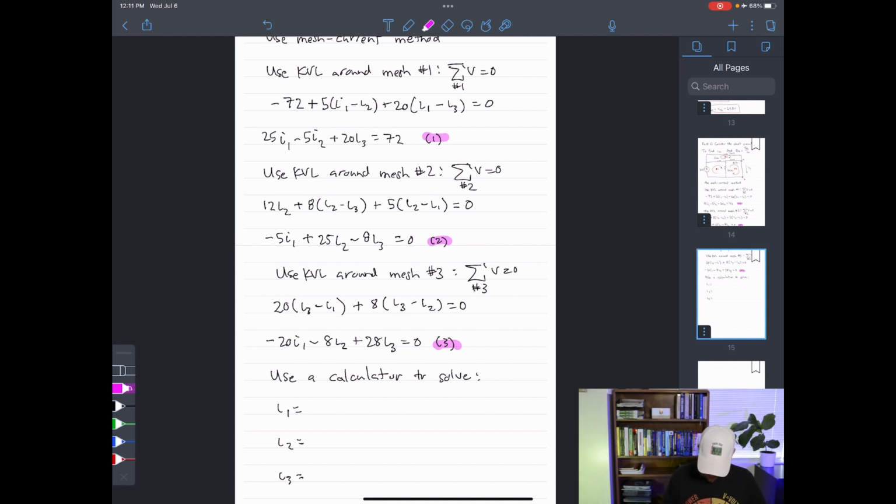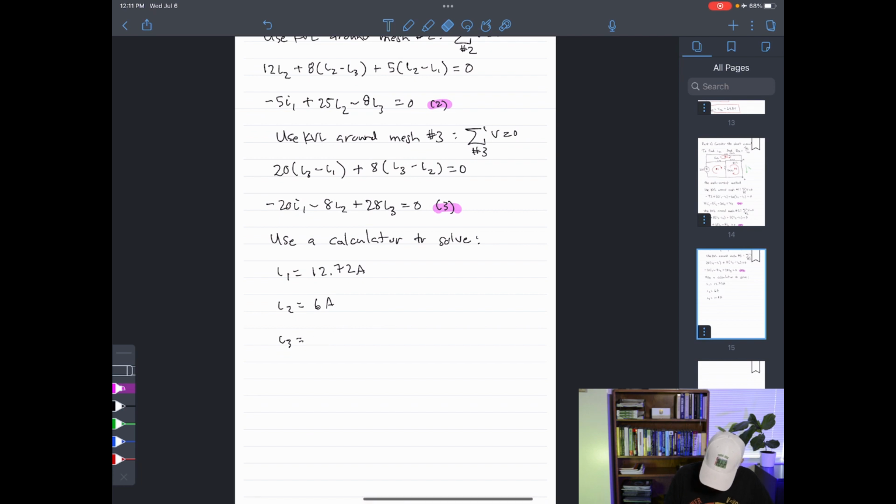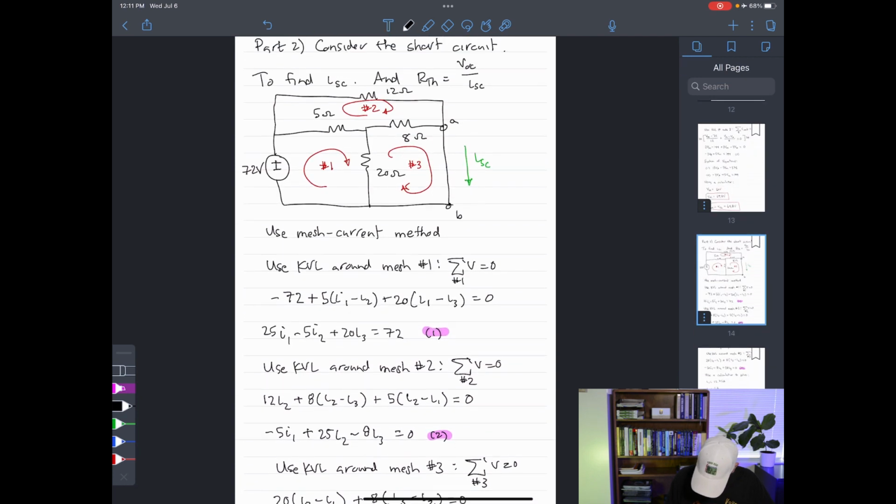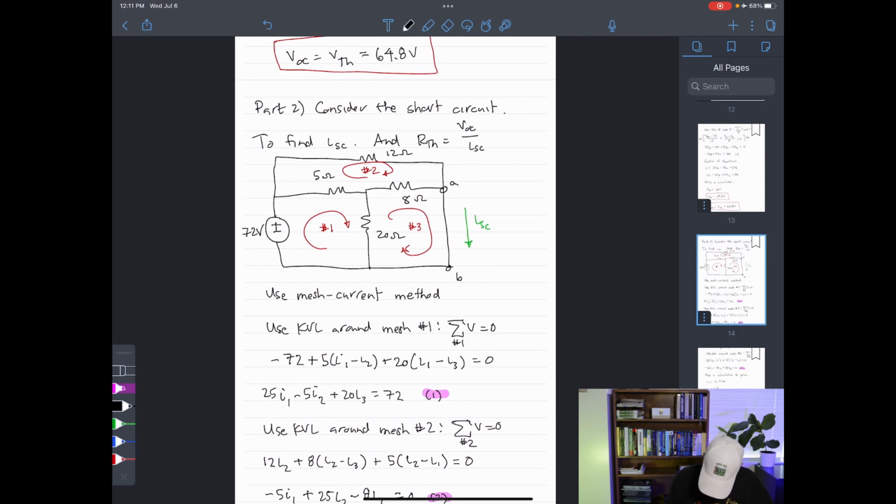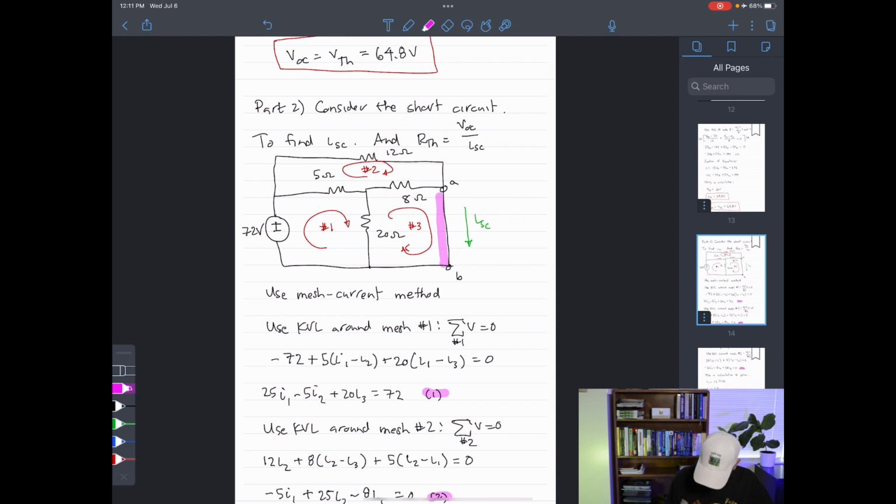Now going back to the circuit, I3 lives along the perimeter of this mesh. Notice that it matches up with the value of the short circuit current that we're looking for, not just in terms of magnitude, but also direction. Therefore, immediately from these results, we can actually see that I3 and the short circuit current are the same thing. This is what we were looking for. This is the portion that we want to box like this.